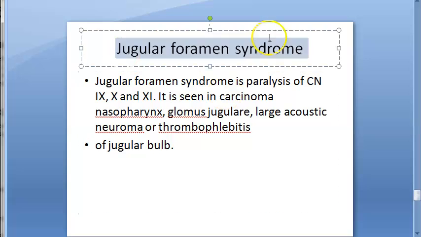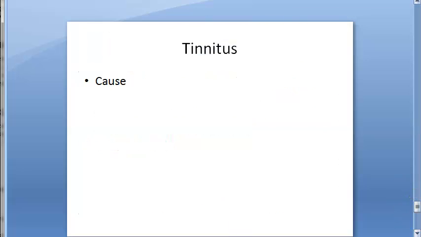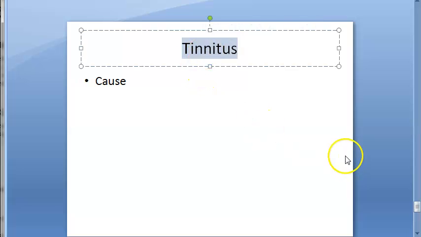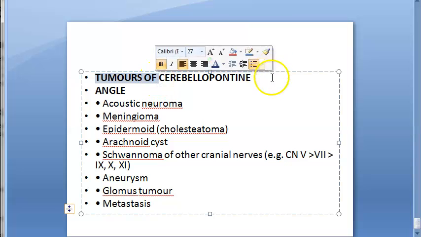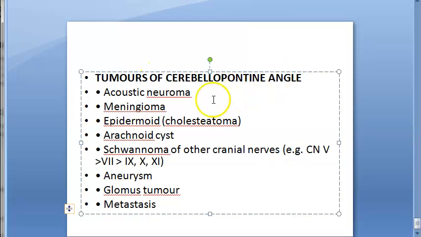Okay, so just remember there can be jugular foramen syndrome. Then tinnitus, one of the causes of tinnitus is what? Glomus tumor. Tumors of cerebellopontine angle, one of the tumors in cerebellopontine angle is what? Glomus tumor.